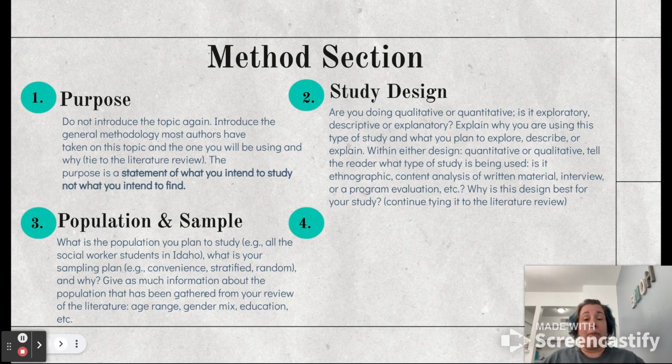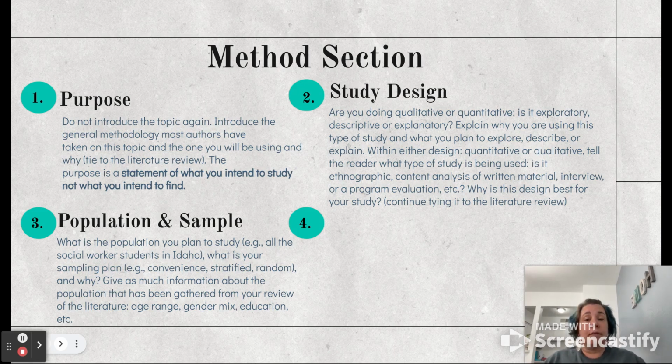Sample is how many you intend to have, whether it be 10, 20, 40, etc. Do you plan for it to be a convenient sample, meaning you select the people yourself and invite them to participate? Or would you plan to use a random sample where it goes out to the wide population and whoever responds would be part of that?